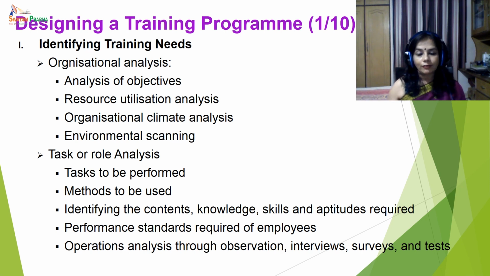We find out whether such skills are there in the organization or not: what tasks to be performed, what methods to be used, and performance standards required of employees. This will again give you a cue whether there is a shortcoming and whether we need a training program so as to improve the performance of the people.